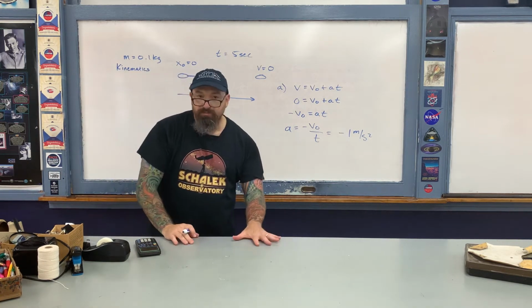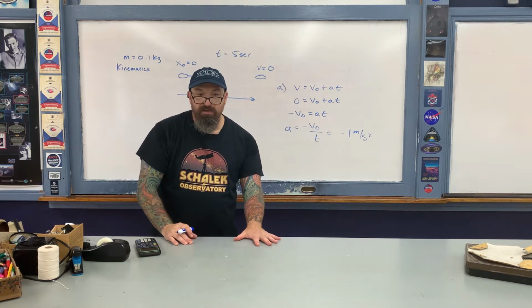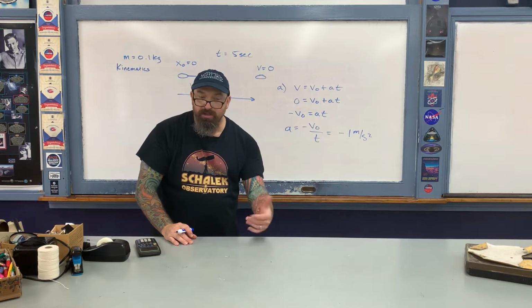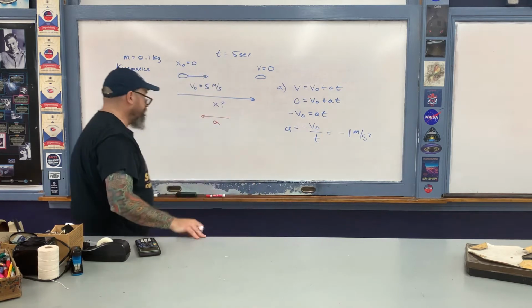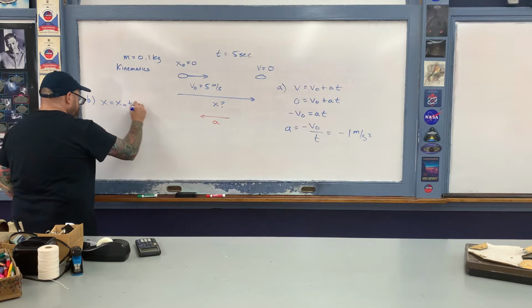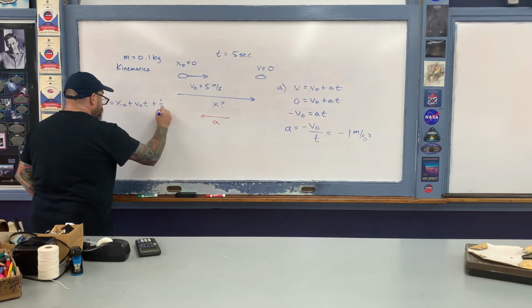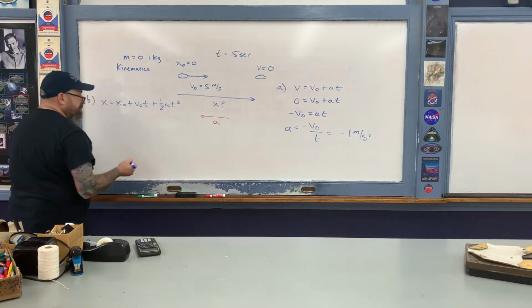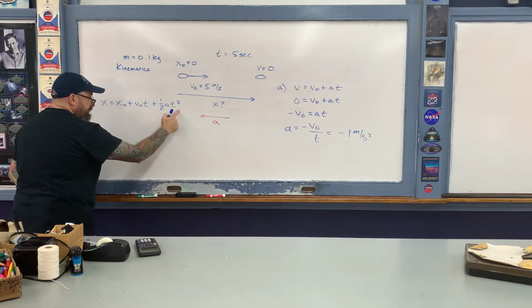Next, part B. Let's go ahead and calculate the distance traveled. In order to do so, we're going to use the other kinematics equation that we saw in the previous unit. Recall position as a function of time. That's this expression here. Now there's no algebra to perform here because we know what everything is on the right-hand side.